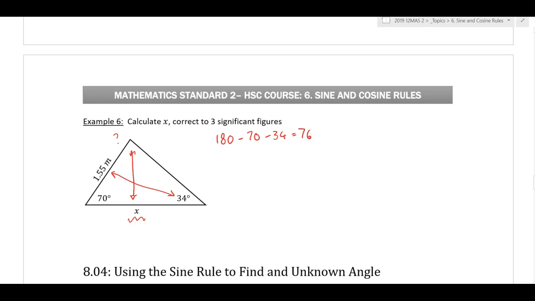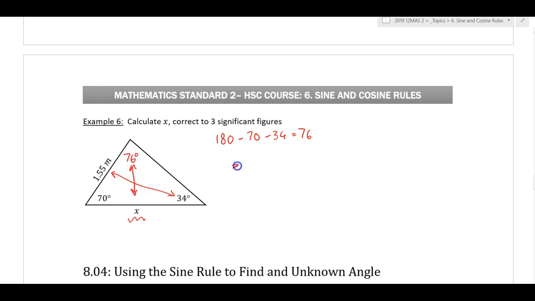Right? So, one of the things about a good big diagram is I can write that in there. There we go, we've got 76 degrees. So now I have the right setup. Just be careful. This is how you make sine rule questions a little bit trickier, is by doing that.